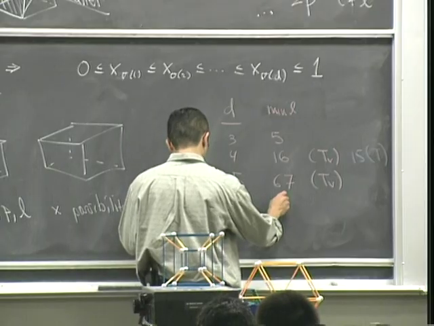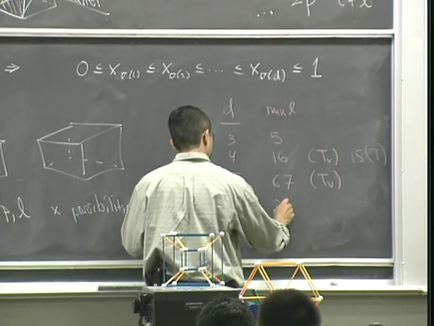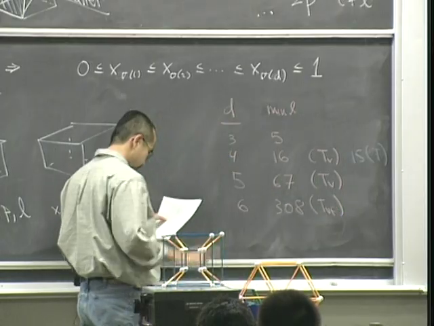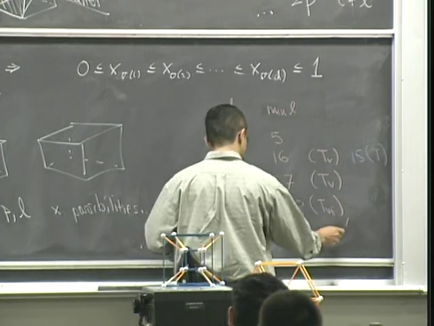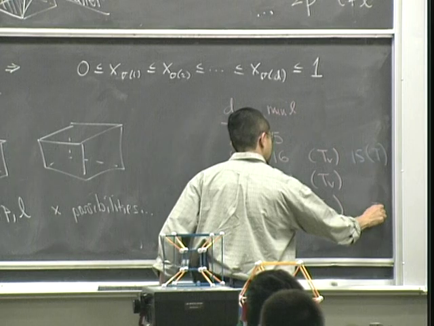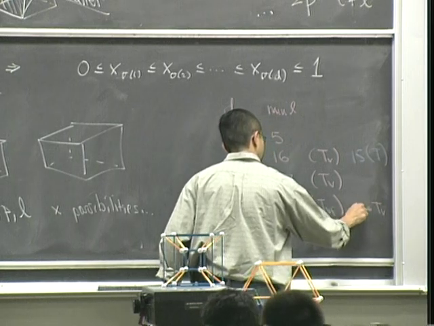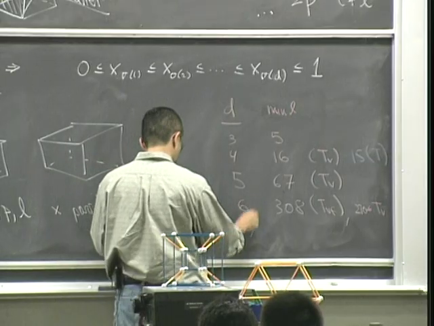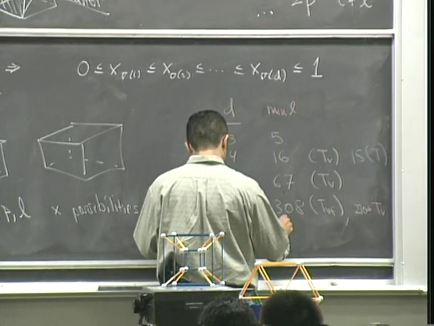The 6 cube is 308 if you want TVF. And it's at least 270 if you want TV, but as far as I know, that's not known. And for the 7 cube, the numbers look something like this.